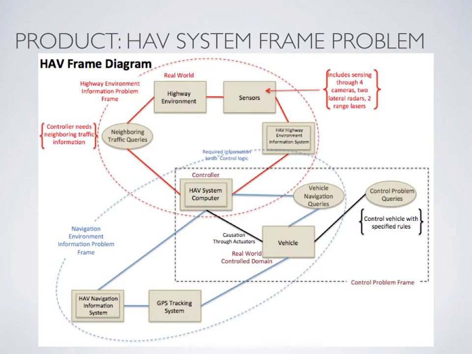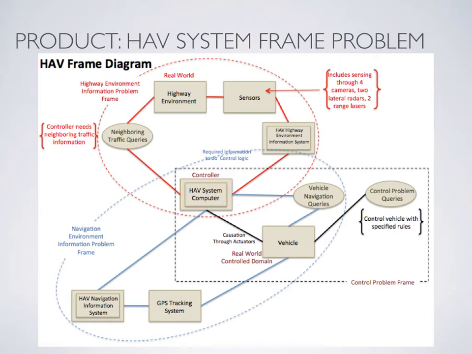This is the frame problem. I decided to divide the problem in 3 main domains. The main domain is the controller here, which is the system computer doing queries about the external environment.